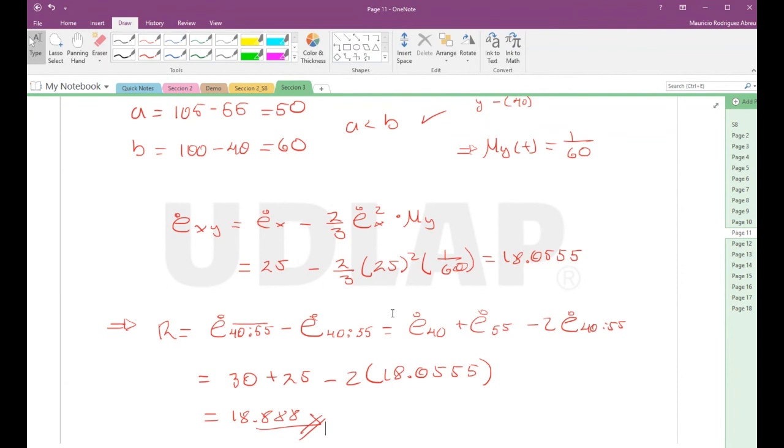Okay, questions in this example? No? Okay, so we can move to a more interesting example.